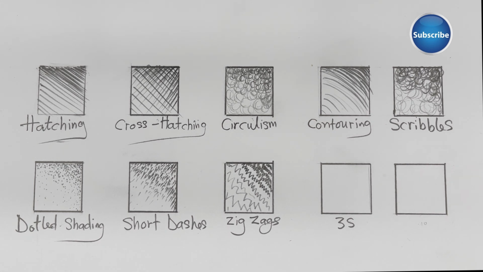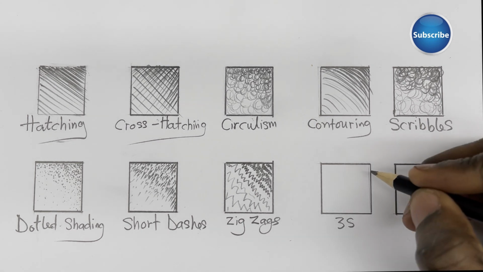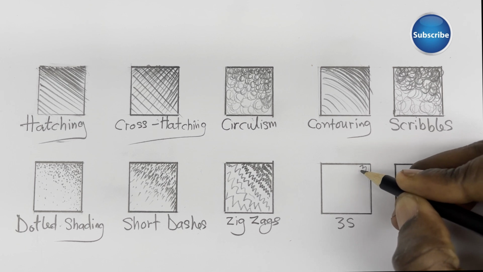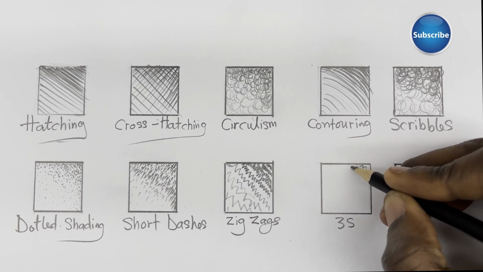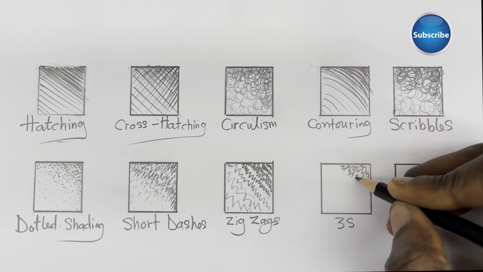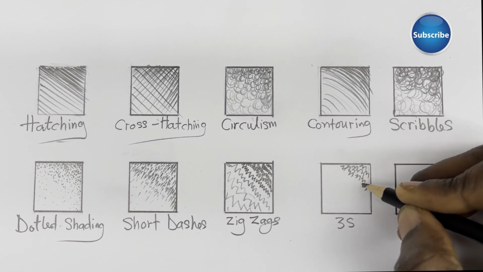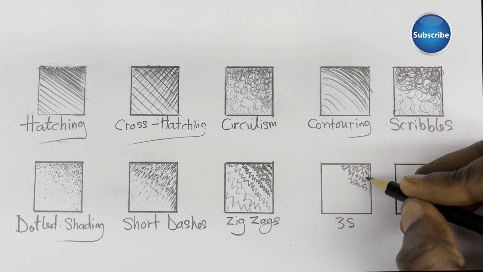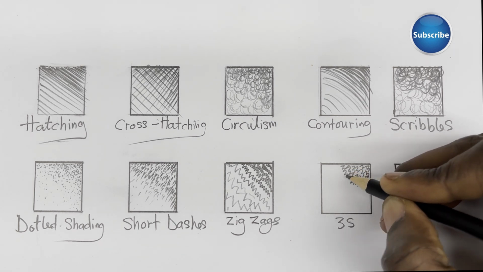You look at it, it looks like S. You look at it, it looks like 3. So let's try and see how it comes out. The same format applies: where there's more 3s or more Ss, it means it has more dark source.